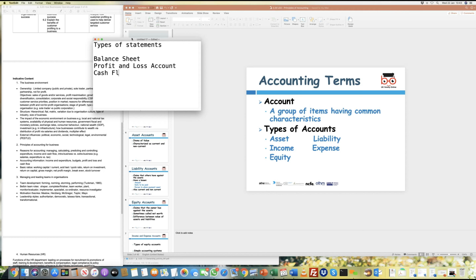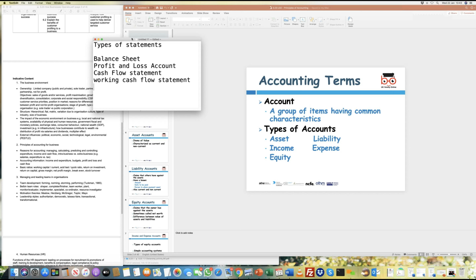And we've also heard about cash flow statements, or working cash flow statements. So these are usual financial statements that we come across when we talk about accounts or any such records that a company would maintain.